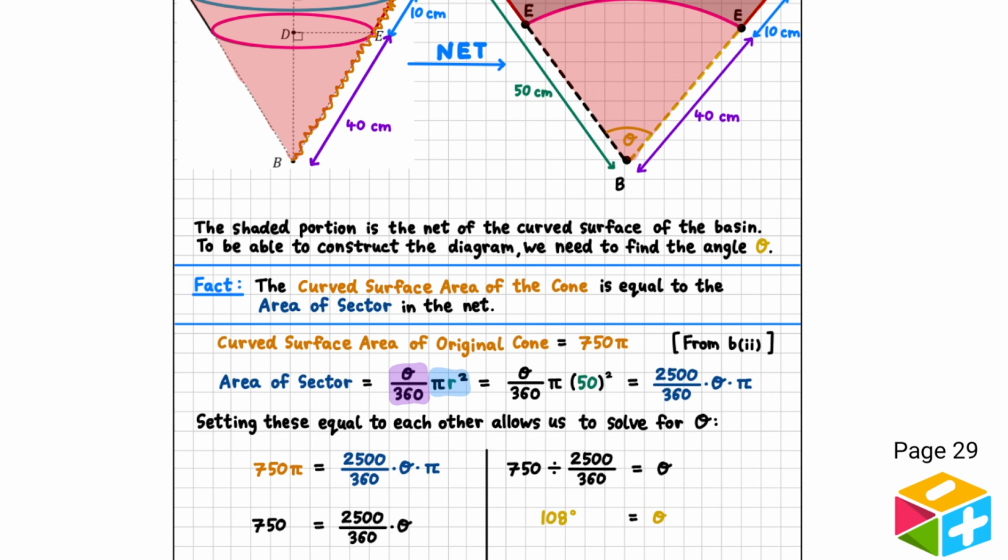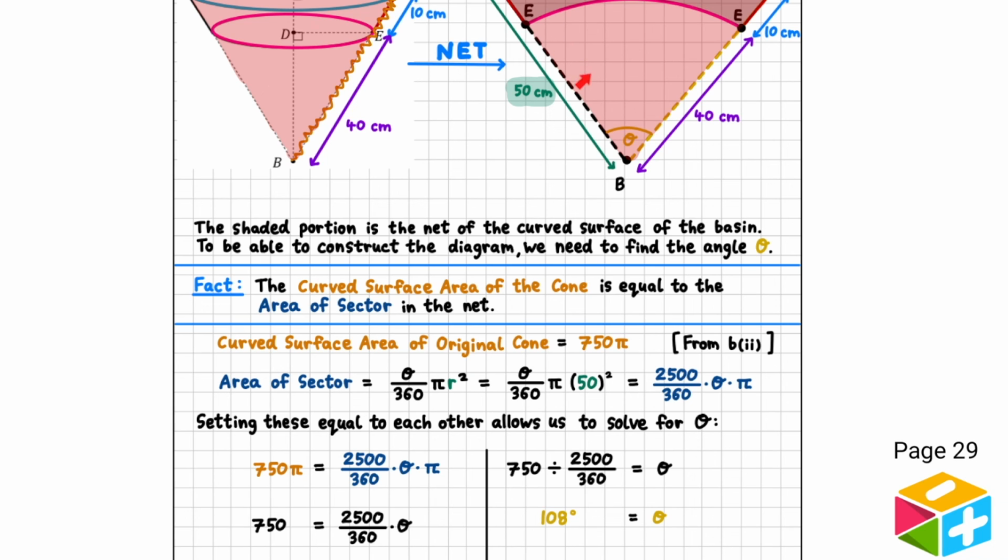So the formula for the area of our sector will be theta over 360 times pi r squared. The sector that we drew had a radius of 50 centimetres. We can sub this value in for r, and then simplify to obtain an answer of 2500 over 360 times theta times pi.